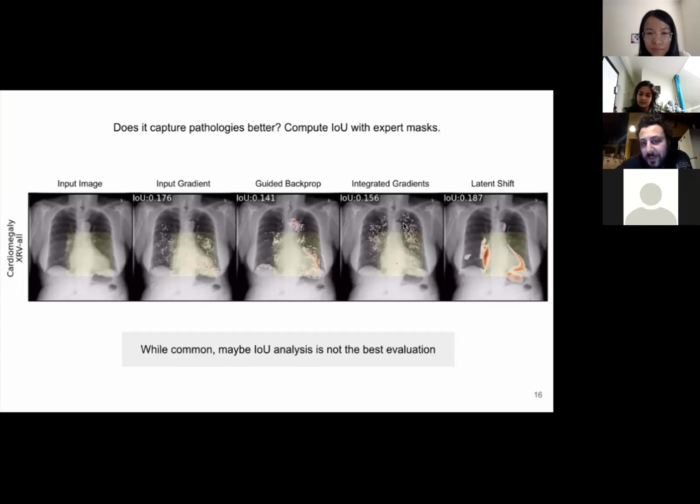We find that they're really all the same. I have a big table to show you on the next slide, but they're generally all similar, and they vary a little bit. There's not really one winner. I wouldn't say that it's knocking it out of the park. But intuitively, they look much better. They're really highlighting attributes that look like part of the enlarged heart or the mass, where these other methods have these speckles, which brings a lot of doubt. So maybe IOU analysis is not the best evaluation for this, which motivates a reader study that we do later to see if it can improve performance.